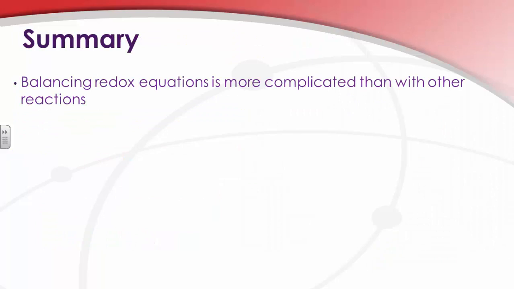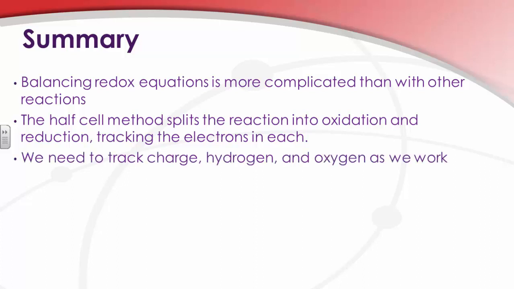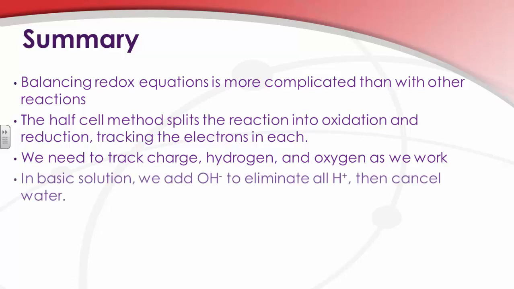Okay, to sum up, balancing redox equations remains more complicated than with other reactions because of tracking electrons. The half-cell method splits the reactions up into oxidation and reduction, and this has the benefit of allowing us to track the electrons themselves. When we want to balance in this method, we have to track the charge, hydrogen, and oxygen, as well as the atoms associated with each of the components.